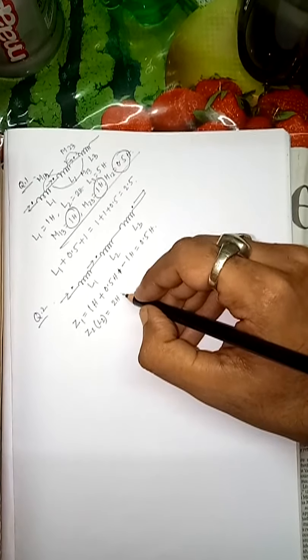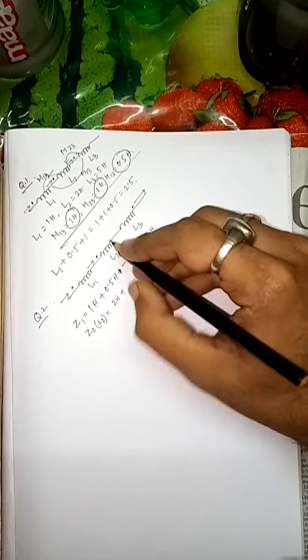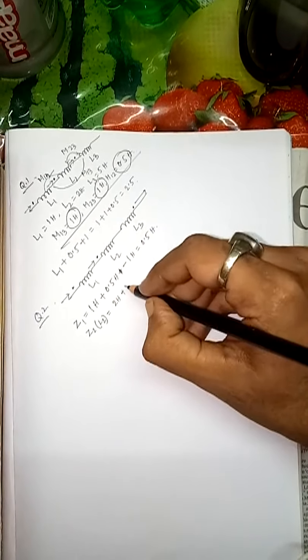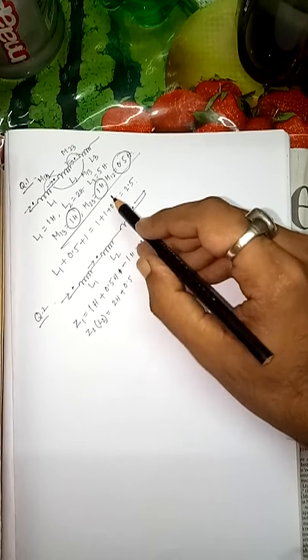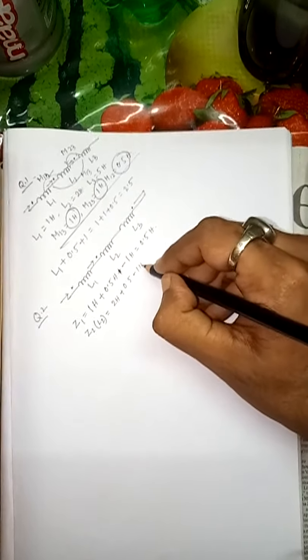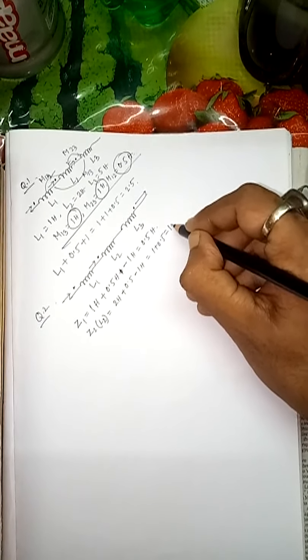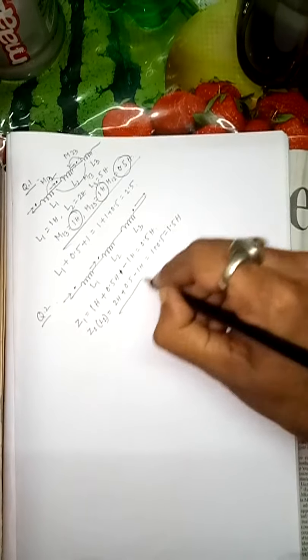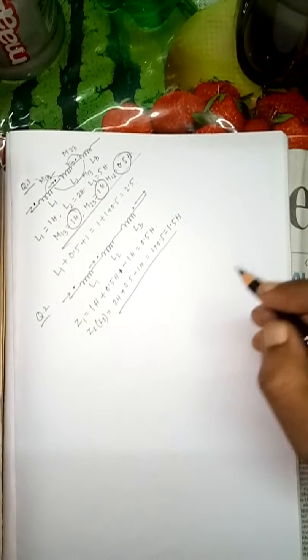So you can write here plus 1, 2 minus 2, 3. So plus 1, 2 here is 0.5 and minus 2, 3. So what is 2, 3? It is minus 1. So 1 plus 0.5 equals to 1.5 Henry. So in this way you have to calculate the different type of problems.